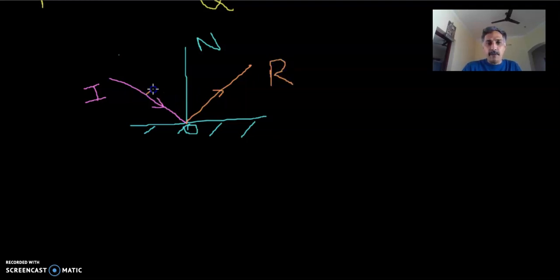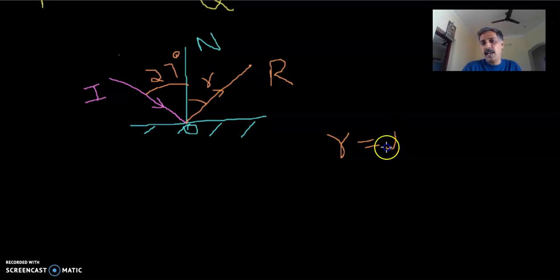Now if this angle, say, is 27 degrees, then what would be this angle? Find R. According to the law of reflection, the angle of incidence will always be equal to the angle of reflection. Therefore R will also be 27 degrees.